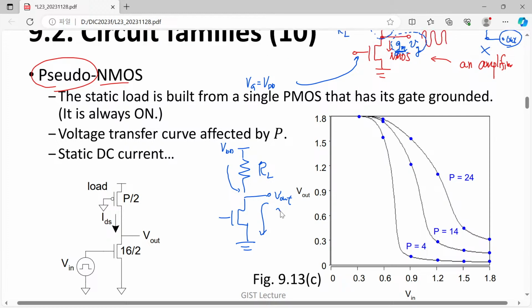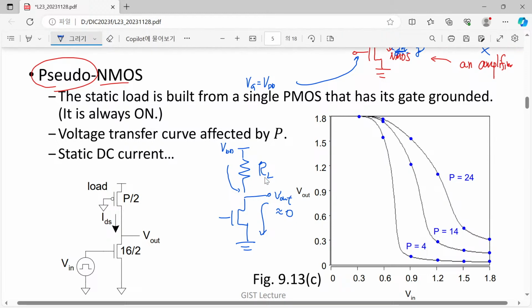Eventually our voltage will be close to zero, because 1 over RL is not as strong as this MOSFET, so the MOSFET will win. Then we still have a certain current like (VDD minus Vout) divided by RL, but Vout is quite close to zero.